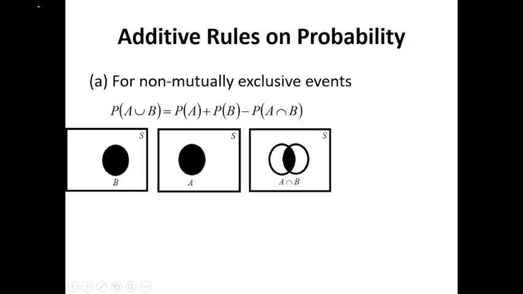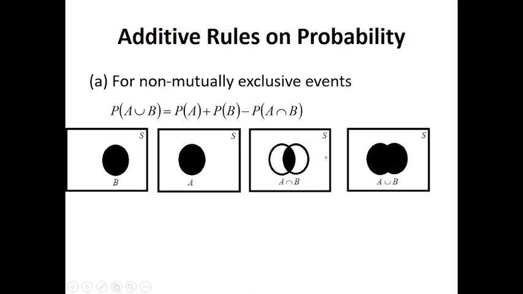Ngayon, ang probability of A union B, i-add lang natin probability of A plus probability of B minus probability of A intersection B. Ito ngayon yung A union B. Ito yung nakashade na yan, yun yung mga combined outcomes ng dalawang events.